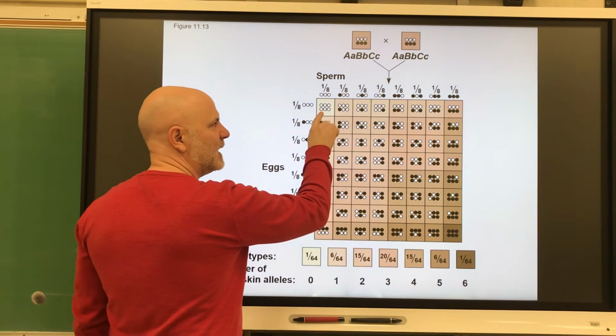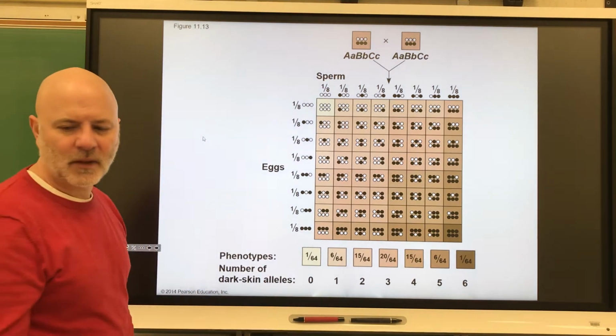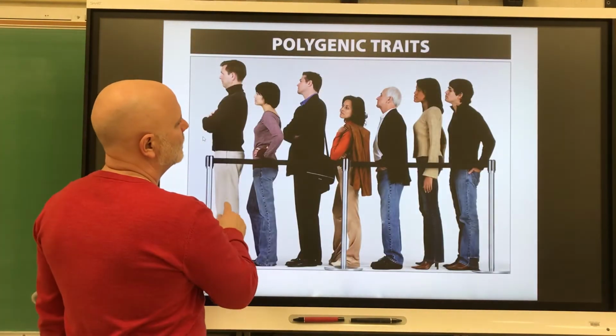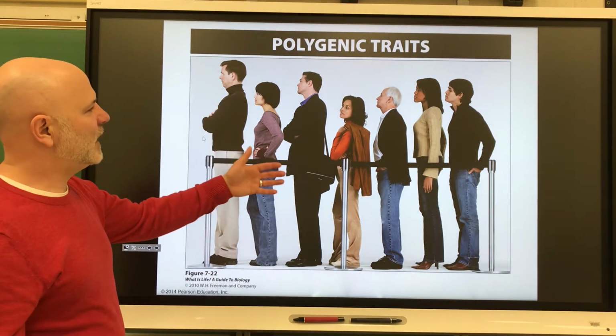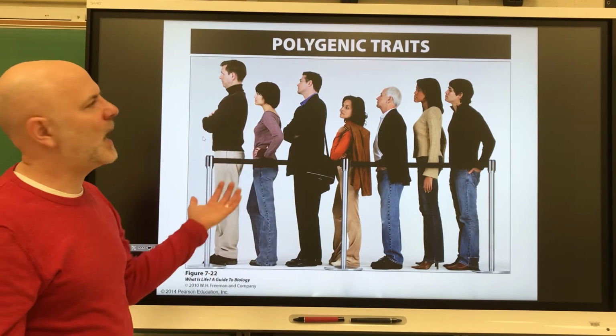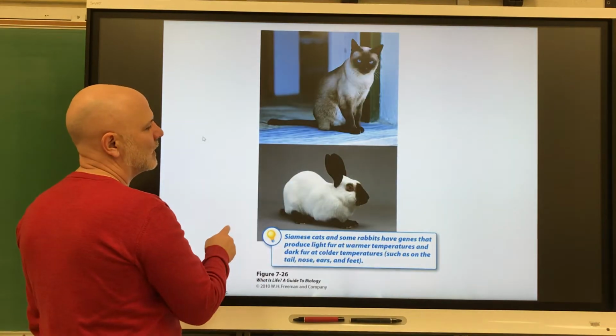Some that are very light to some that are very dark. All right. So, as I said, when you look at individuals, the thing that we see most, all of these are polygenic traits on these differences between these individuals.